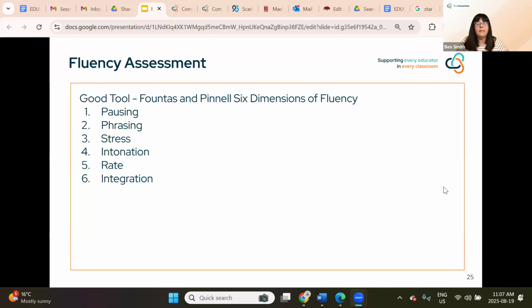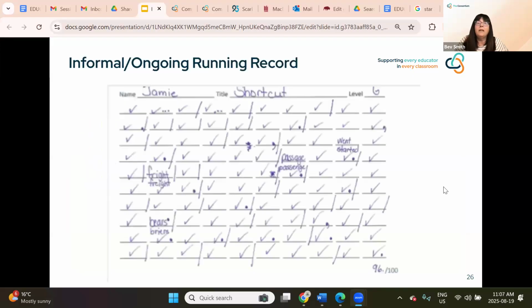You can do an informal assessment just having kids read aloud to you, and the lines on this informal assessment are just where the kids read, and I put in the punctuation when they missed punctuation, and noticing where they paused. So you can see the lines are just showing where the breaks are, where they took their breath, so how they were phrasing.